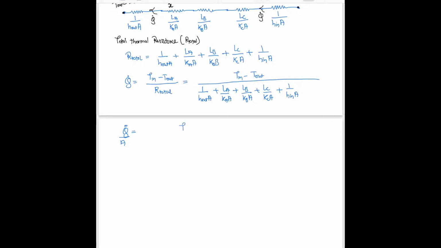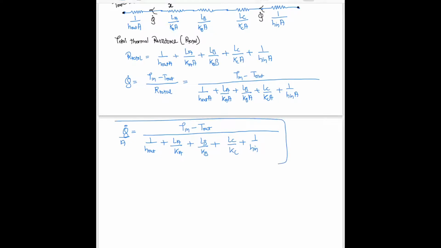So we will have T in minus T out, and I will be left with 1 by H out plus LA by KA plus LB by KB plus LC by KC plus 1 by H in. So this is my heat flux.